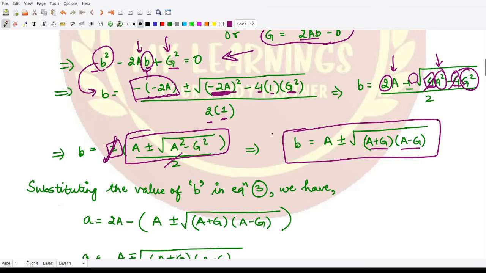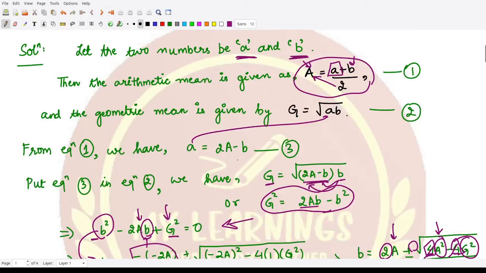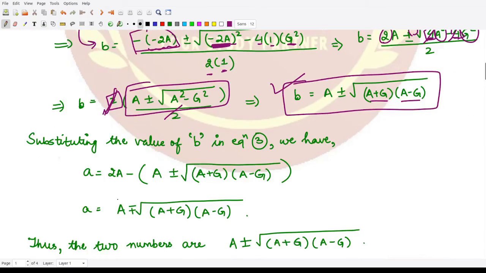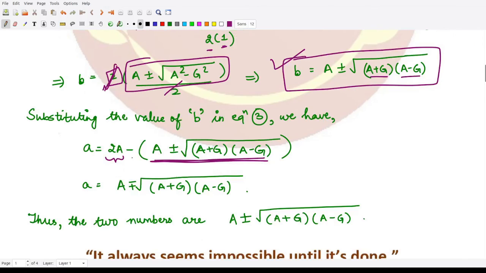Now if you substitute the value of b in equation number 3 here, you would get the value of a. Let's do that and see what is the value of a. So it would be 2A minus the value of b, which is this one. When you open up the bracket, this would become minus A and this would become minus plus of this whole quantity.